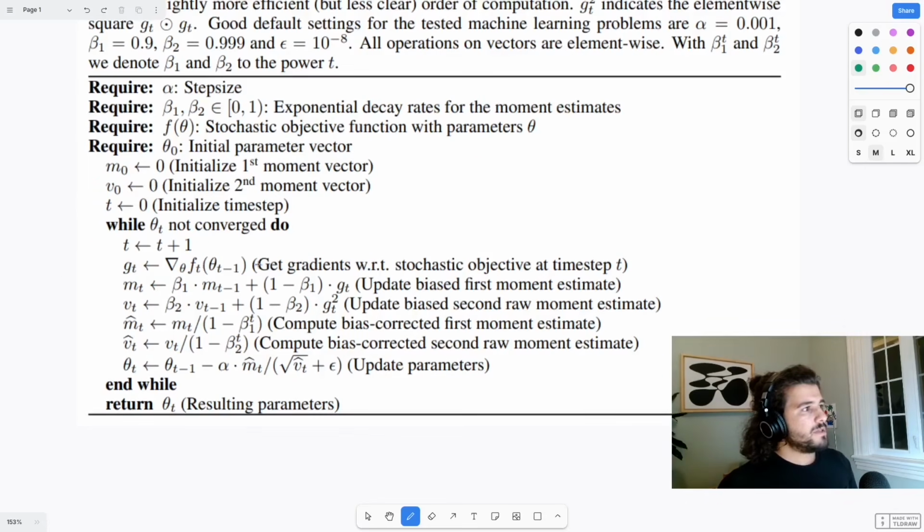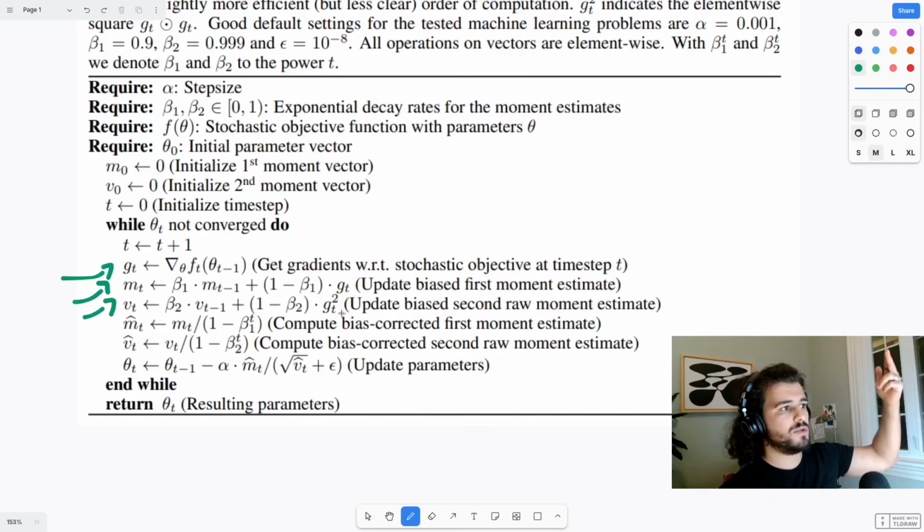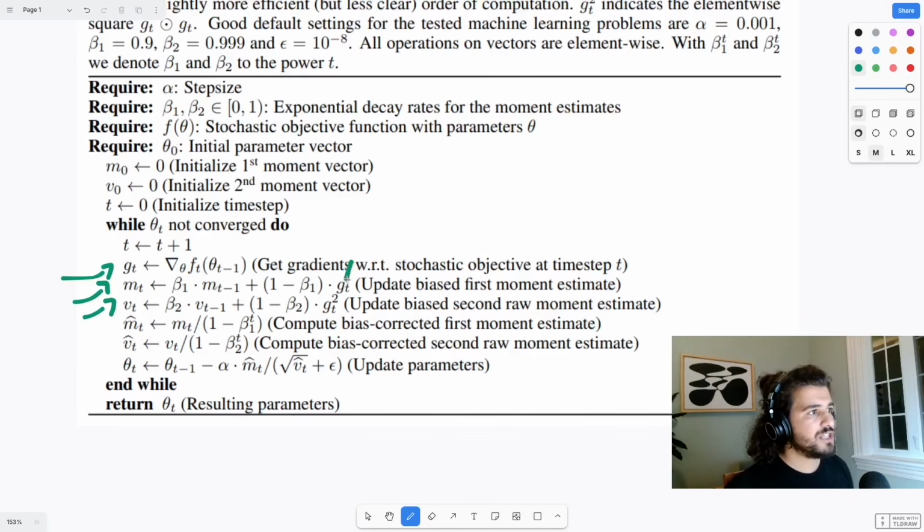Now what we see is we calculate the gradient, and then we calculate the two moment vectors at the same time. The first moment vector has a specific formula, the same thing as before, nothing different here. The second one is different because we're taking g at exponent 2 at t, so it's at gt and at gt exponent 2. That's the only difference between the two.